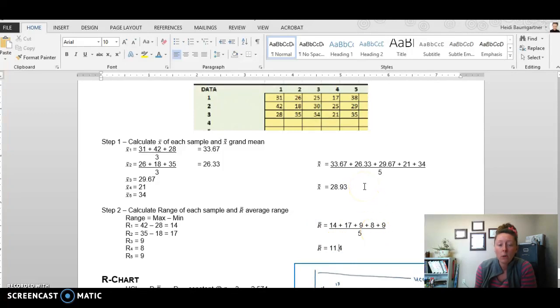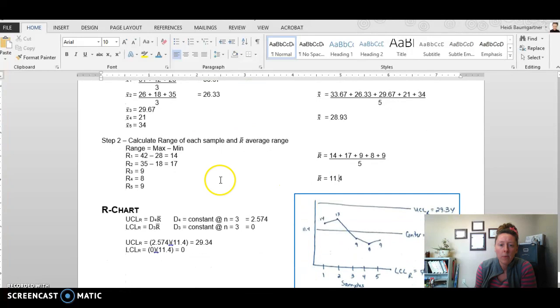Next, we go to our R chart. For our upper control limit and our lower control limit, first off, our upper control limit is D4 times R bar. D4 is the constant at our n value of 3.